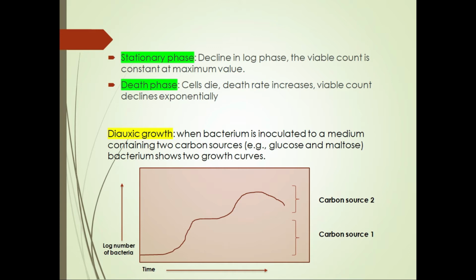But due to deposition of waste material and exhaustion of nutrients in the medium, the cells start dying. The death rate increases exponentially and the viable count declines. So this is death phase.